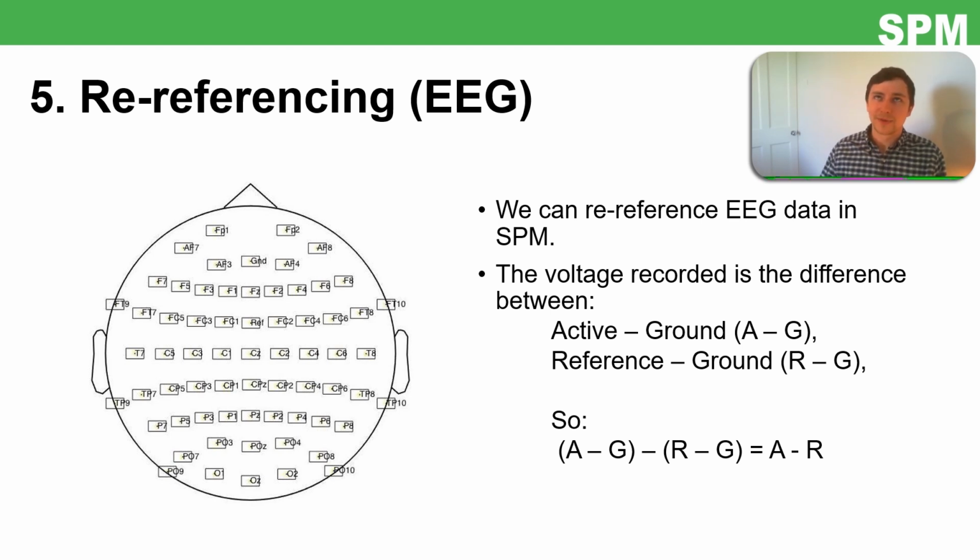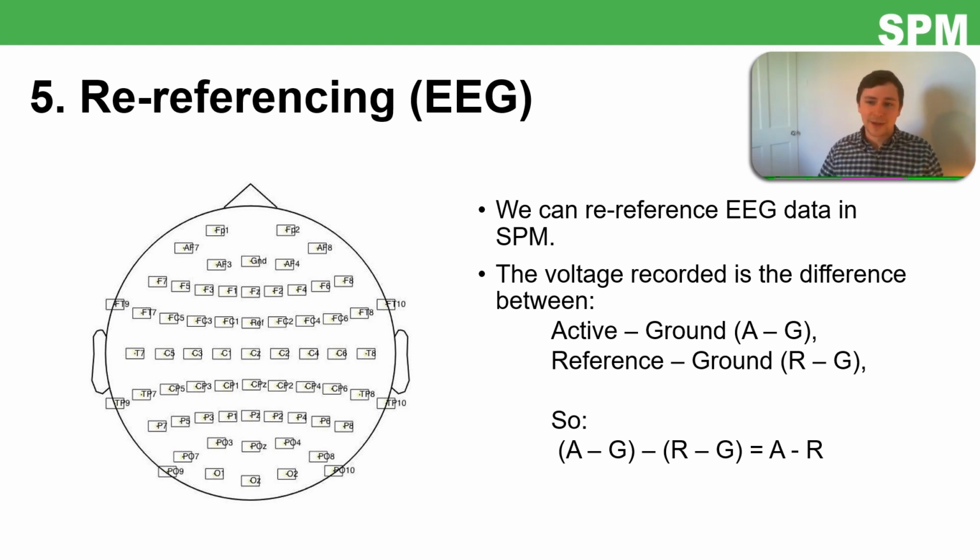So when amplifying a referential signal, like what I've just described, one side of that, I don't know the details of electronics to be honest with you, is kind of bound to the common ground in the amplifier, and that will contain a lot of electrical noise. All these circuits just contain a lot of noise, which you do not want in your data. So essentially, if you were to just do your active to your reference, the reference is going to contain a lot of noise.